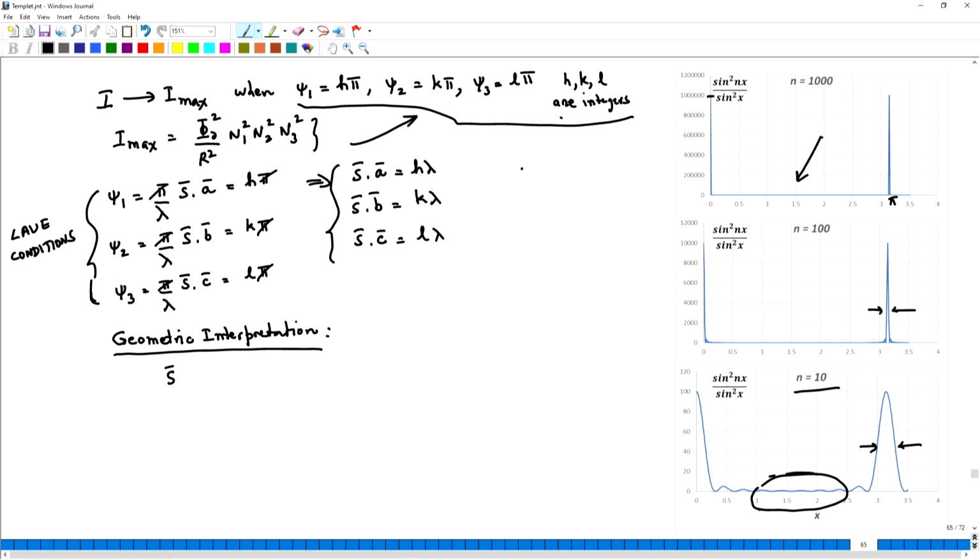So, I had this is my incident beam unit vector, this is my scattered beam unit vector, and S, which is equal to S minus S naught, would simply be this vector, the scattering vector. So, S is the scattering vector.